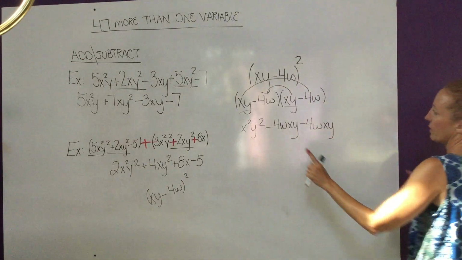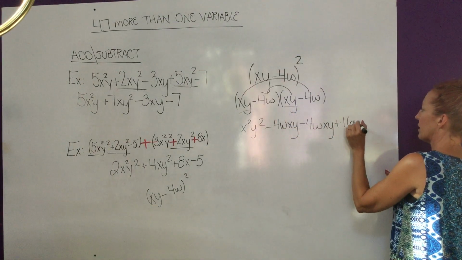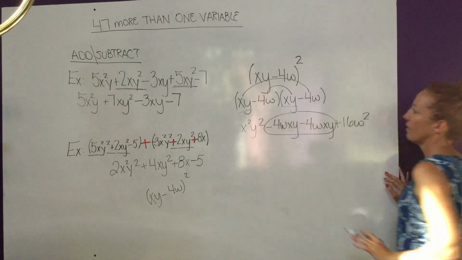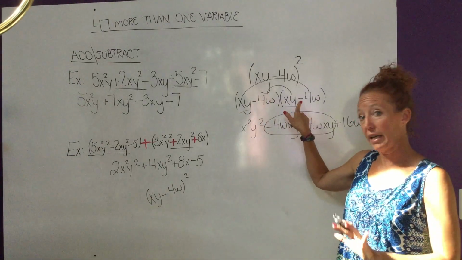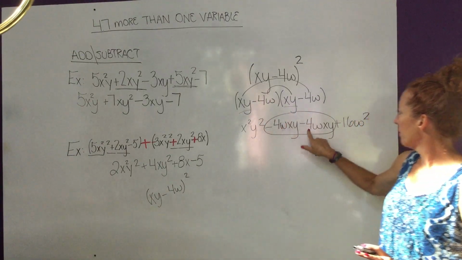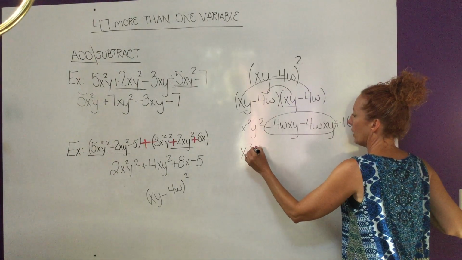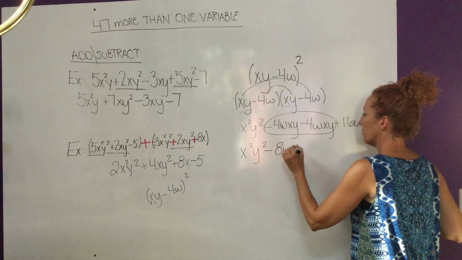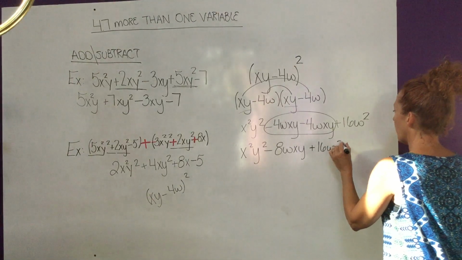And the last piece, watch your signs, a negative times a negative is a plus 16w squared. Remember, on these type, when it's the same thing exactly, they're not going to cancel. So you should have a negative 4 and a negative 4. So x squared y squared minus 8wxy plus 16w squared.